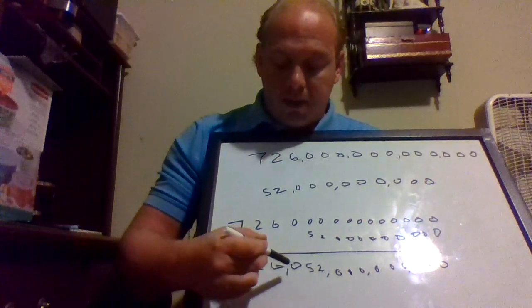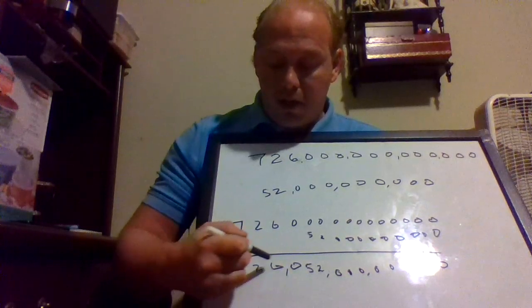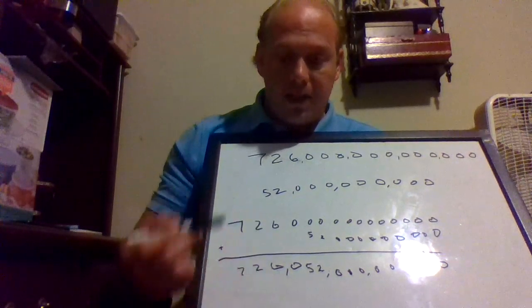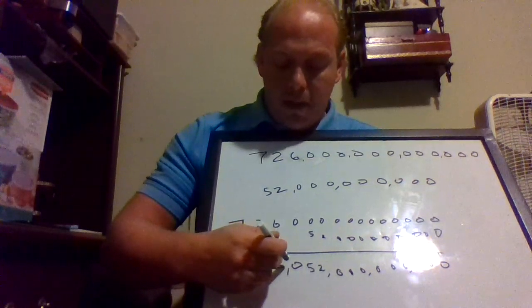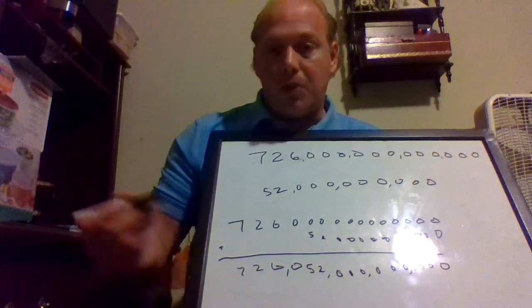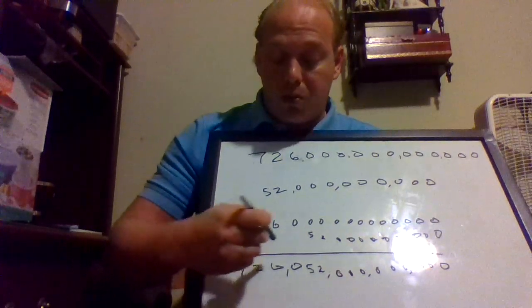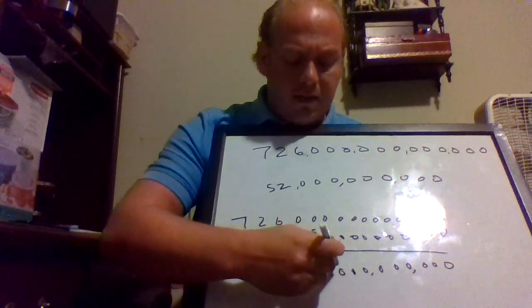So these commas are not ands. This is 726 trillion, not 726 billion and 52. Wait, I'm sorry. 726 trillion and 52 billion.